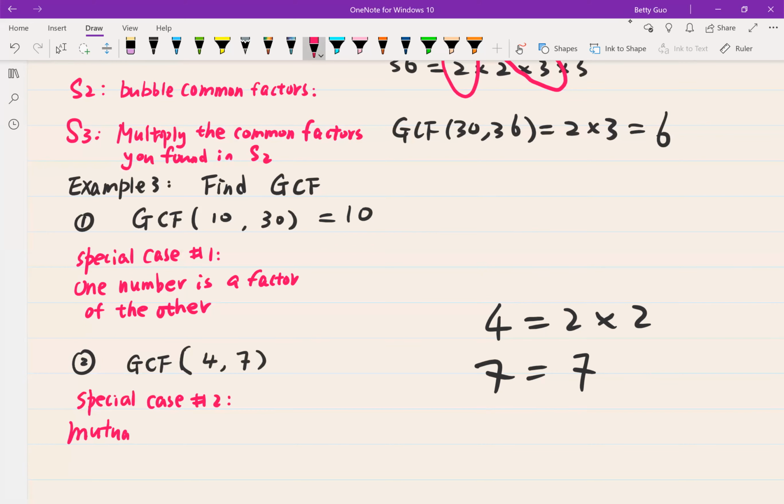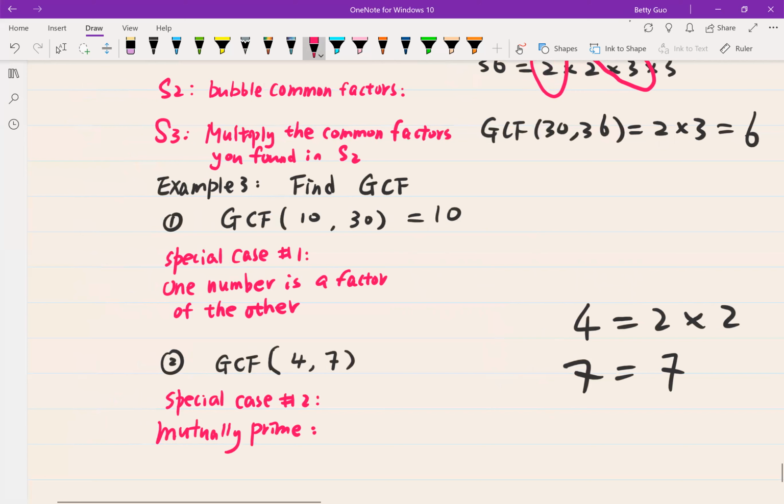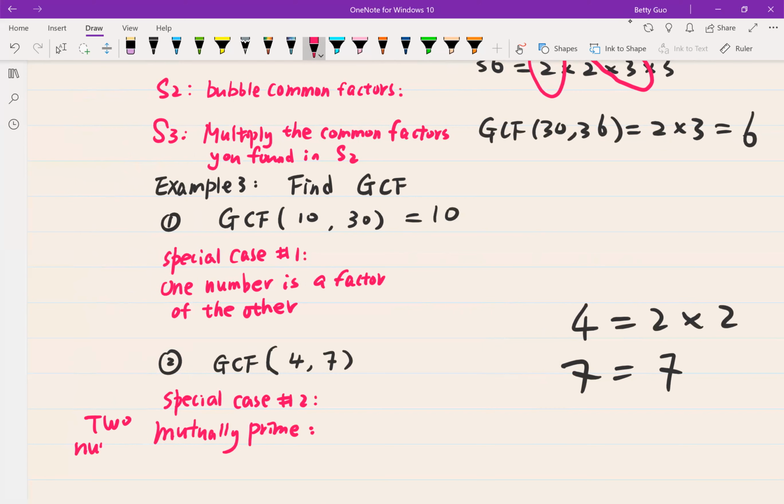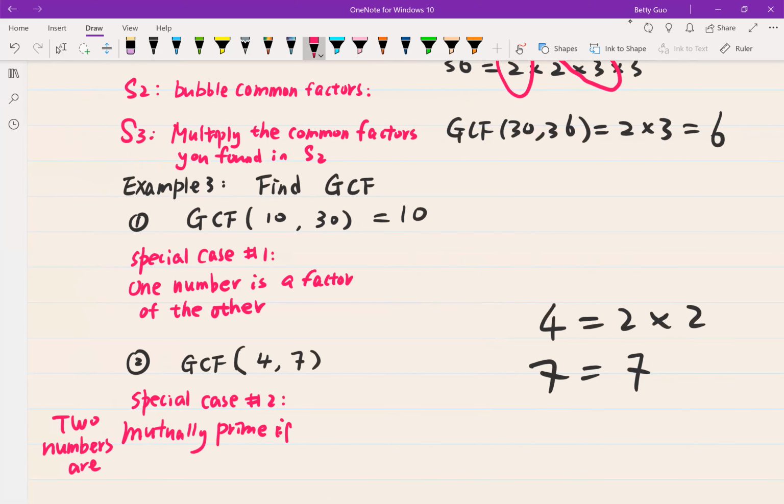Mutually prime means, so I can write this as: two numbers are mutually prime if they have no common factor except 1. 1 is not a prime number. So two numbers are mutually prime means the two numbers have no common prime factors.